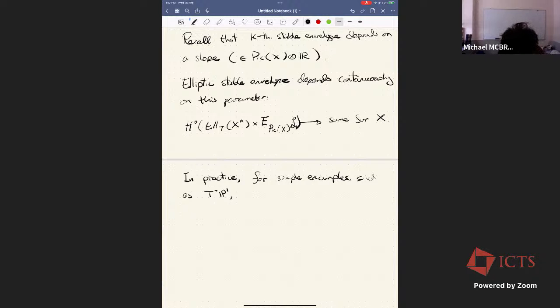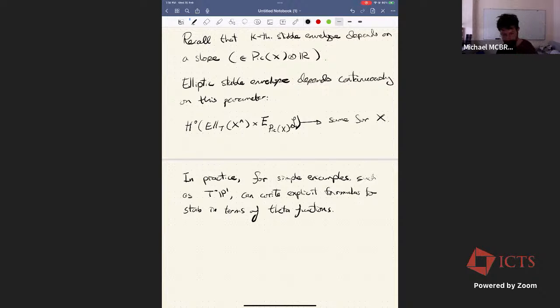You can write explicit formulas in terms of theta functions. So a section of some line bundle on the elliptic homology scheme, you can write in terms of theta functions.